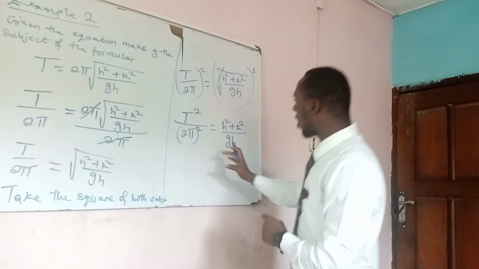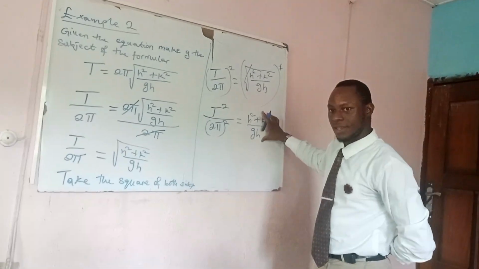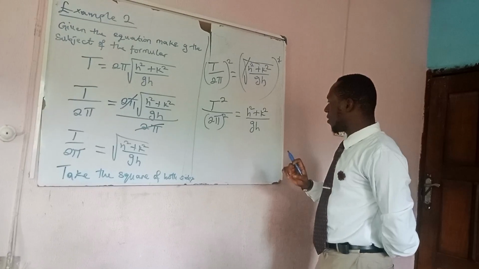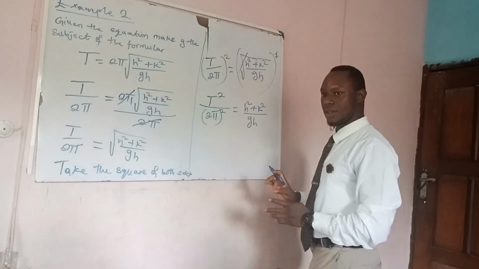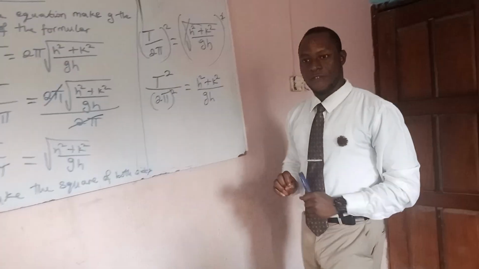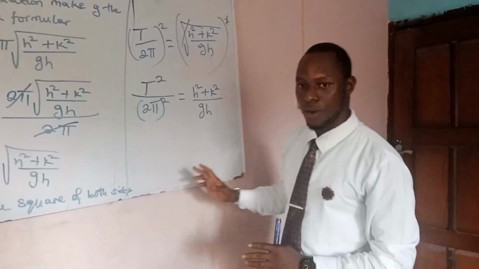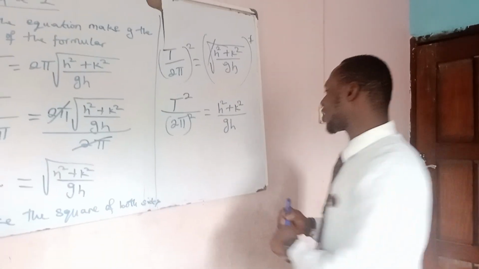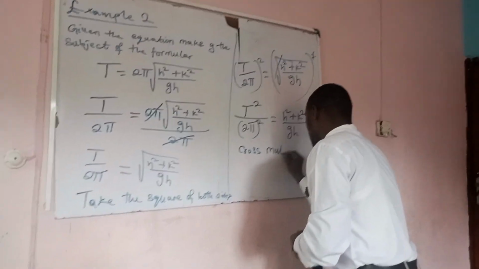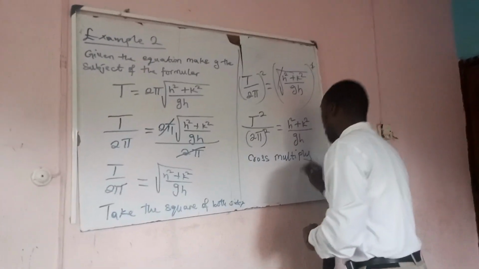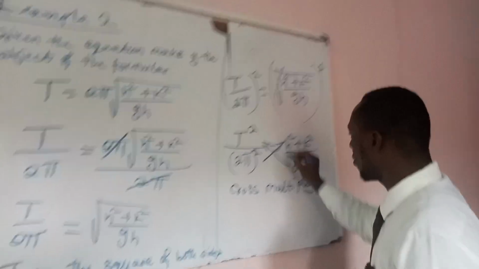Yes, sir. Good. So now, from here we see this is a fraction, right? Yes. From here, we don't need fractions again. We need them to be on the same page. What do we do now? Thank you, we cross multiply. Cross multiplying, we do this and then we do this.